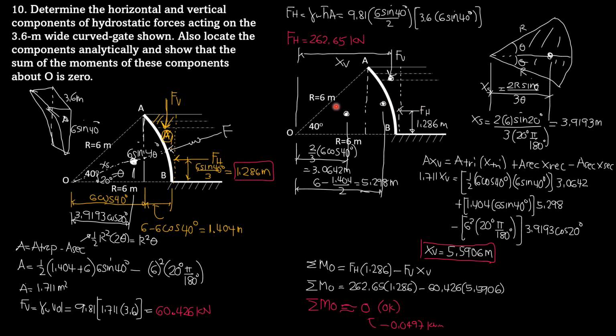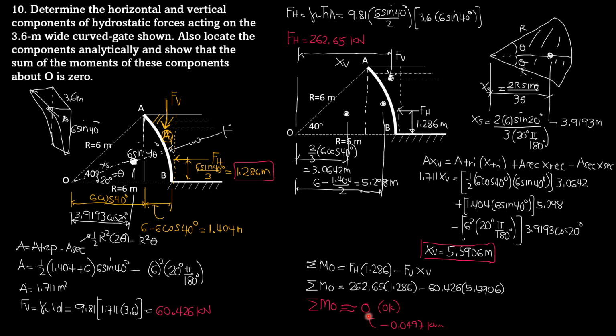So we have FH times 1.286 minus FV, because FV is clockwise. So FH is 262.65 kilonewtons times 1.286 minus 60.426, FV, times XV, 5.5906 meters.